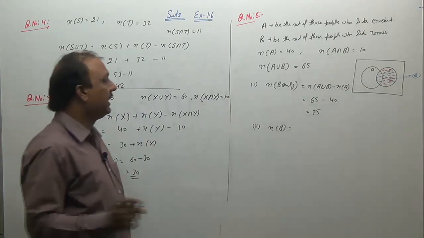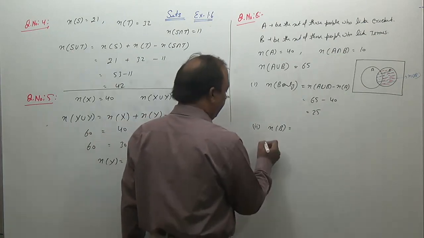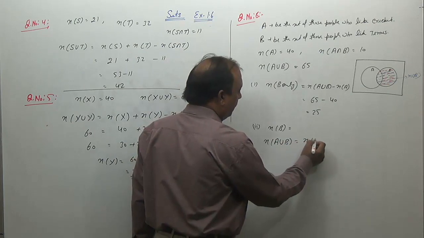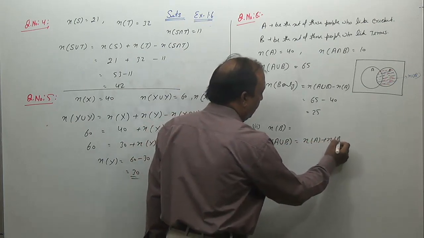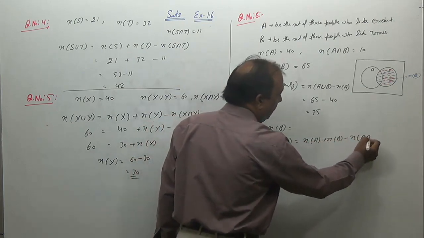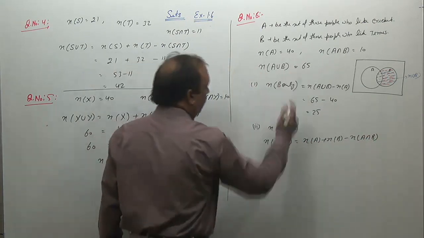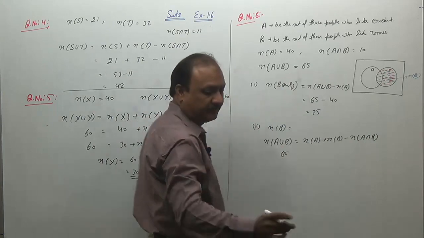So we can apply the property n(A union B) = n(A) + n(B) - n(A intersection B). n(A union B) is 65.